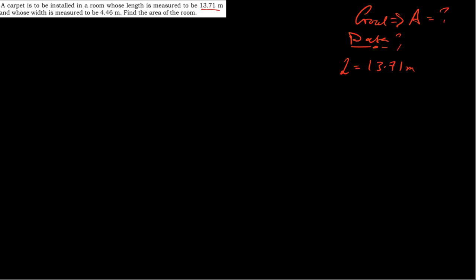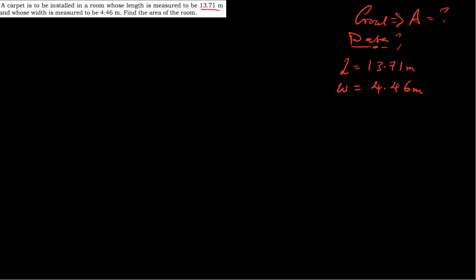And we also have the width that has been given in the question to be 4.46 meters. Since we're looking for the area, all we have to do is to put in mind that from the given data, area is in meters squared.